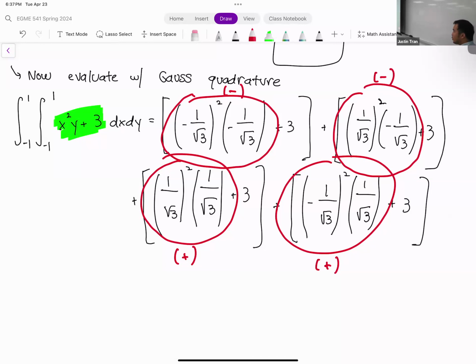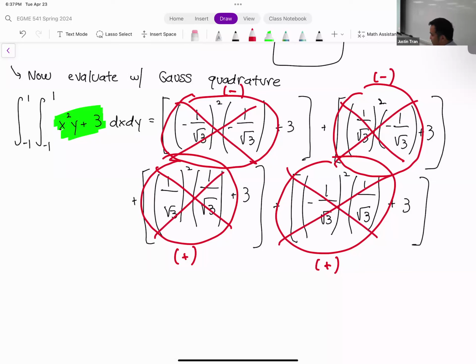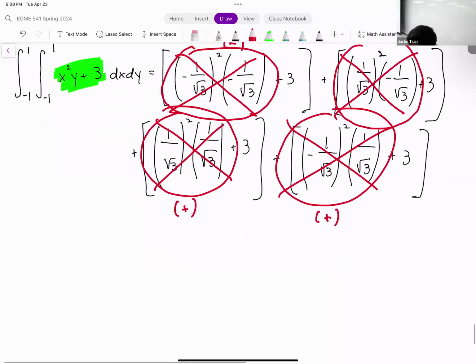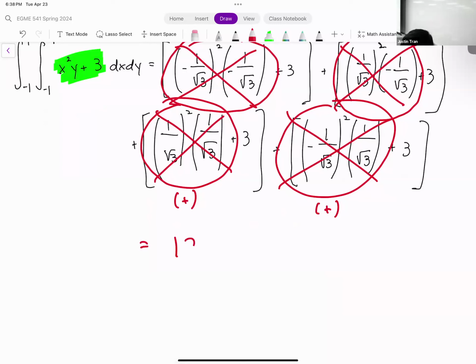So we have two negative terms with the same value and two positive terms with the same value. All these just cancel out when we add them up together. All we're left with in the end is 3 plus 3 plus 3 plus 3, so we have 3 times 4, and 3 times 4 is 12.